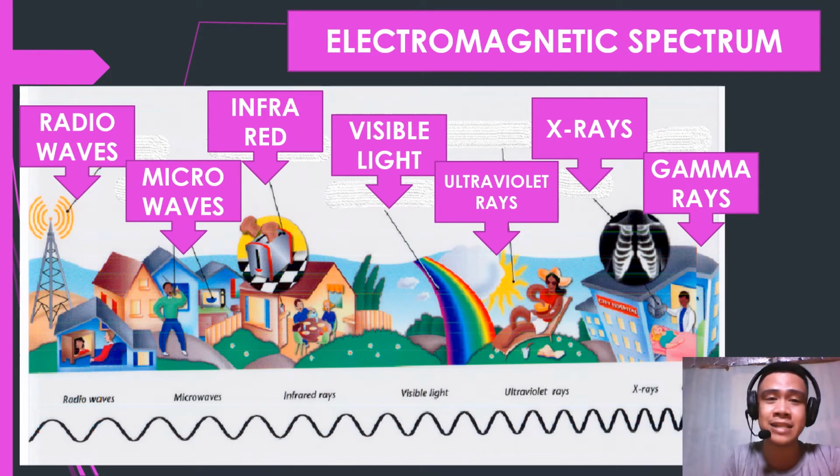To memorize this electromagnetic spectrum, we will use the acronym RMIVUXG, or we will put some meaningful words on them. So let's say, Raoul's mother is visiting Uncle Xavier's garden.